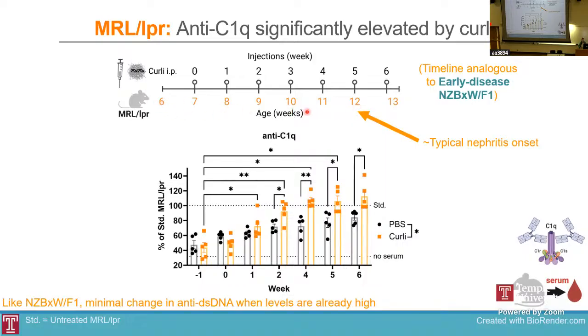So the timeline here with, again, Curly injections is kind of analogous to the early disease. They're getting onset of the disease as we're undergoing treatment here. And we saw a significant difference with our Curly treatment, which was a much higher level of these anti-C1q antibodies with Curly treatment.